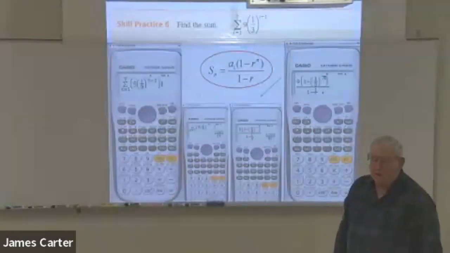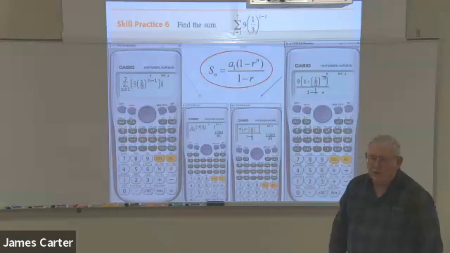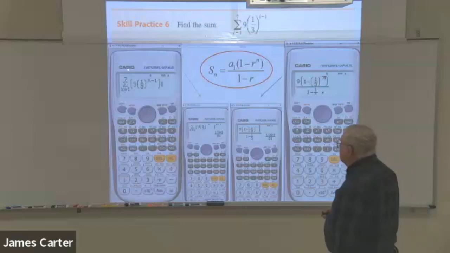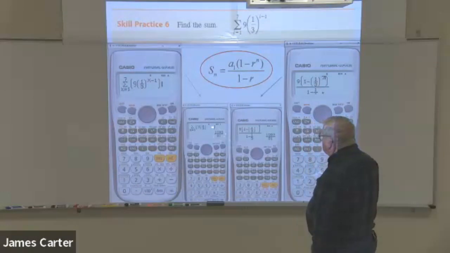For some reason tonight, every time I input it, I get an input error. So I don't know whether there's something wrong with my computer or not. But if you put this stuff in exactly as I have it there, you should get this value.